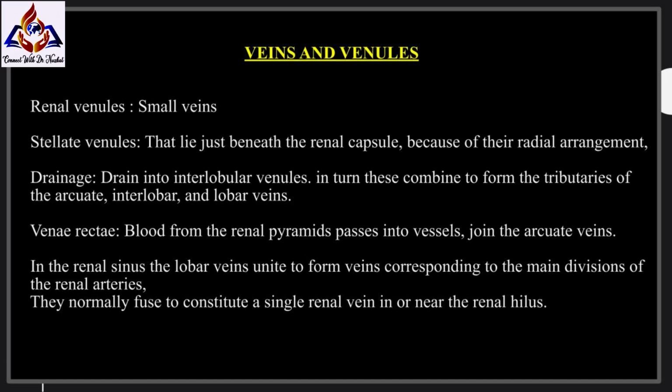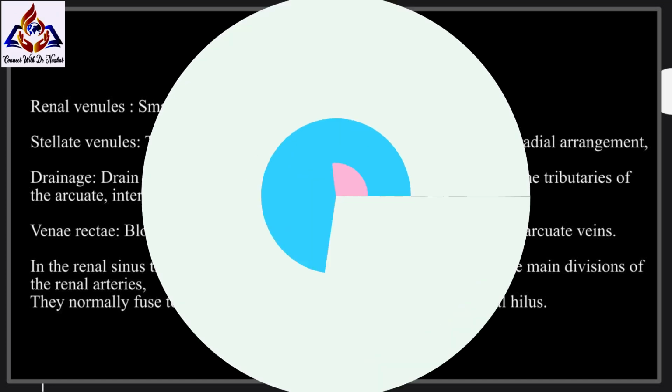Blood from the renal pyramids passes into the vessels called venae rectae, which join the arcuate veins. In the renal sinus, the lobar veins unite to form veins corresponding to the main divisions of the renal arteries, and they normally fuse to constitute a single renal vein in or near the renal hilus.